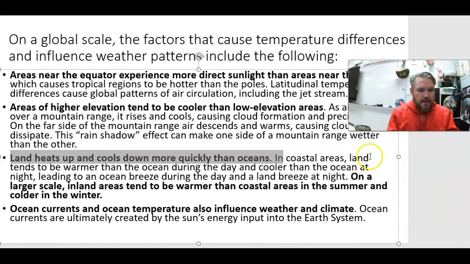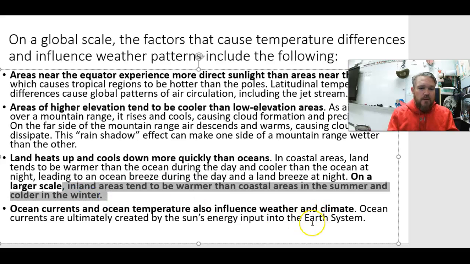But let me get this out of the way. The other important thing on this point is that on a larger scale, inland areas tend to be warmer than coastal areas in the summer and colder in the winter. So if you're on the coast, your San Francisco area, you've got the influence of the water from the Pacific on your weather and climate, and so that keeps you relatively stable. We talked about water acting as a thermostat before, so if you're close to water, you have that thermostatic effect, which keeps temperatures stable.